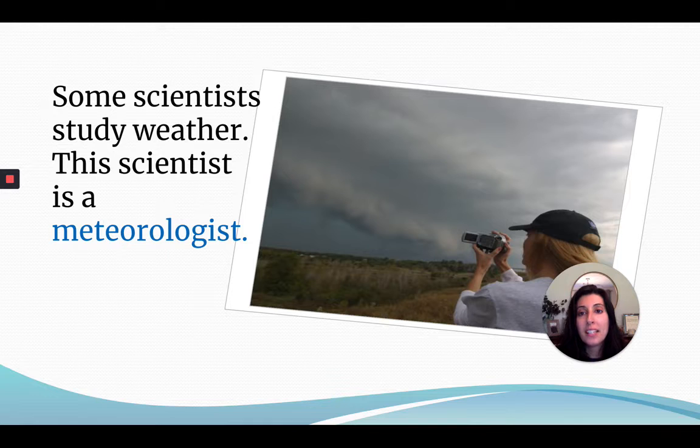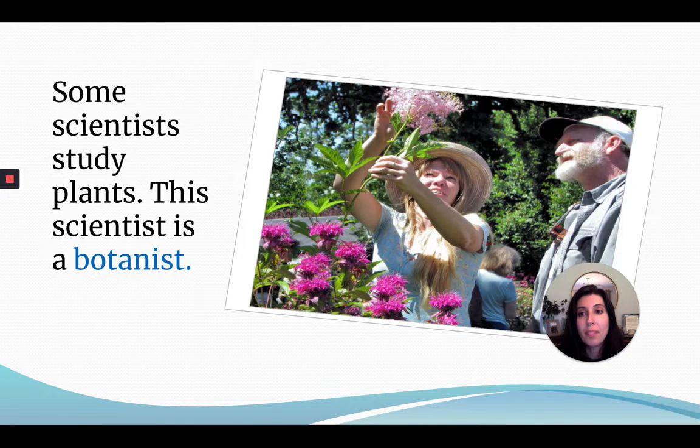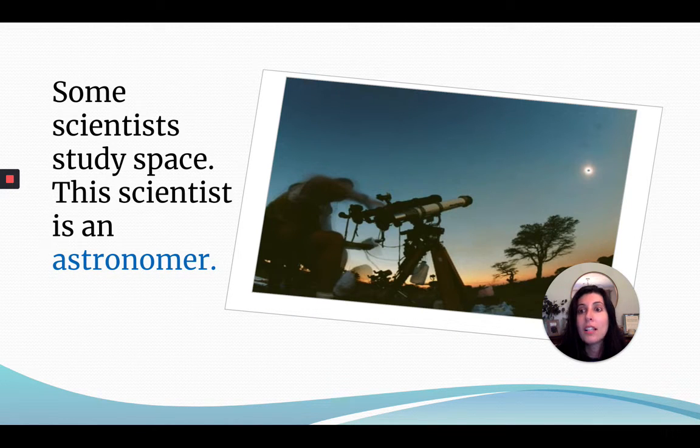Some scientists study weather. This scientist is a meteorologist. Some scientists study plants. This scientist is a botanist. Some scientists study space. This scientist is an astronomer.